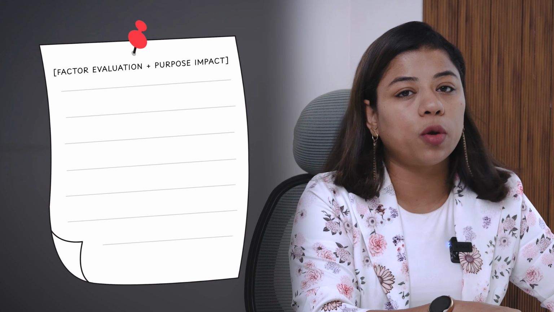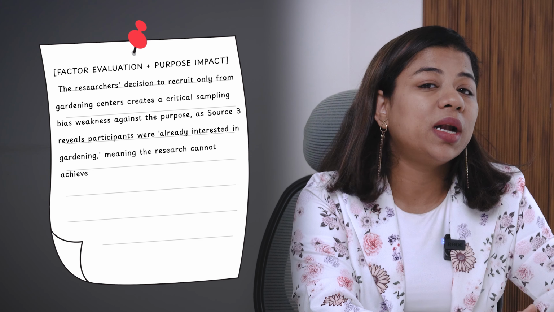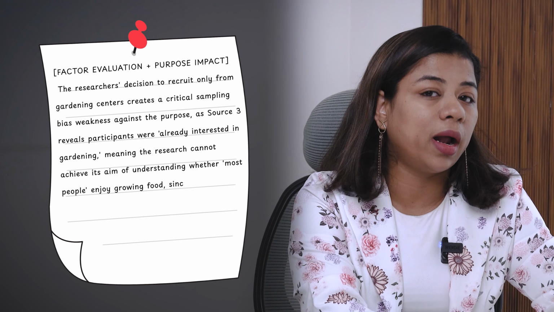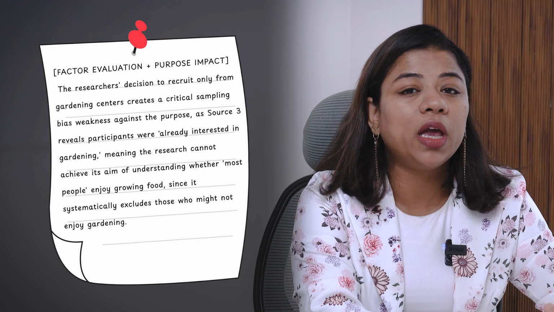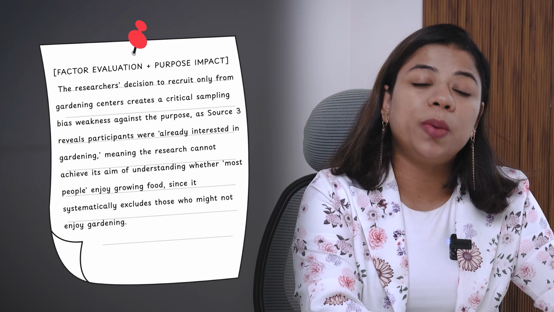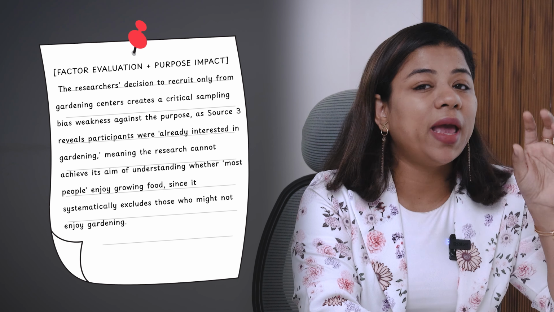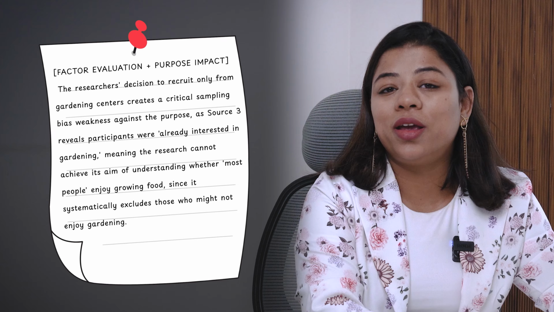The researchers' decision to recruit only from gardening centers creates a critical sampling bias, a weakness against the purpose. As source 3 reveals, participants were already interested in gardening, meaning the research cannot achieve the aim of understanding whether most people enjoy growing food, since it systematically excludes those who might not enjoy gardening.